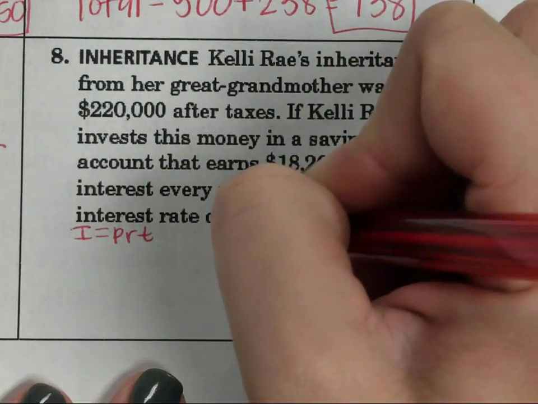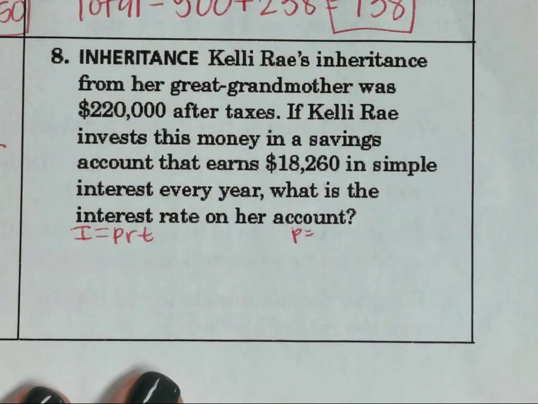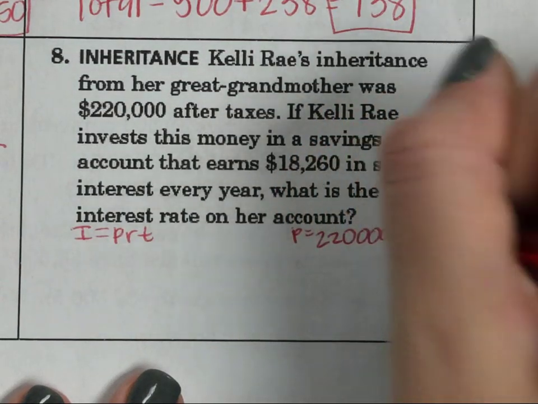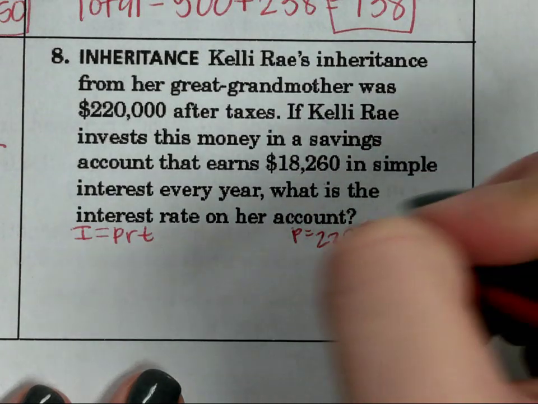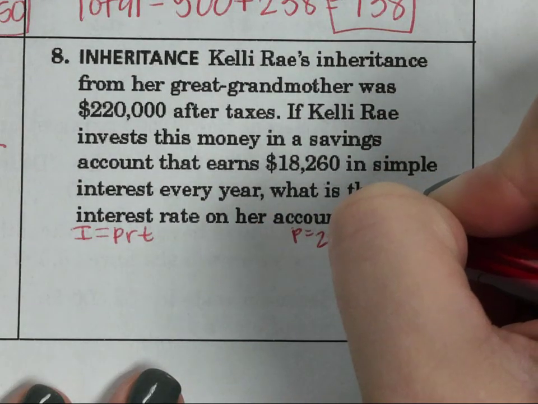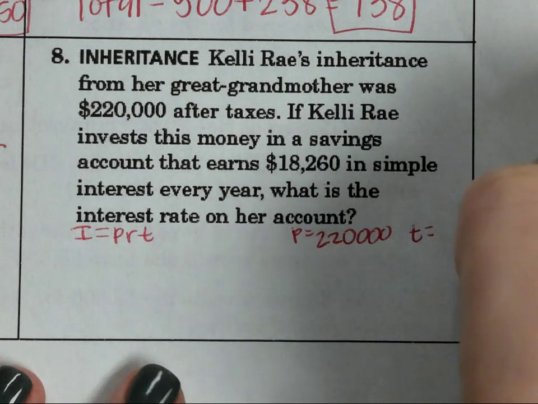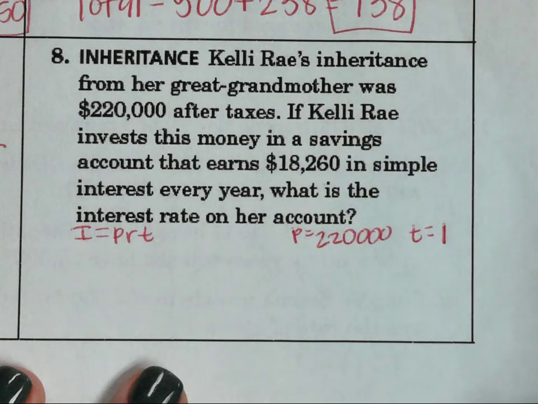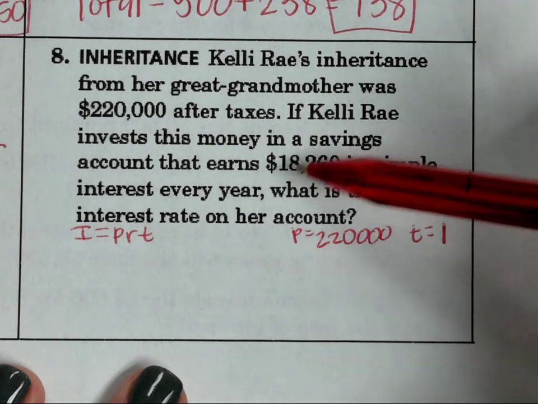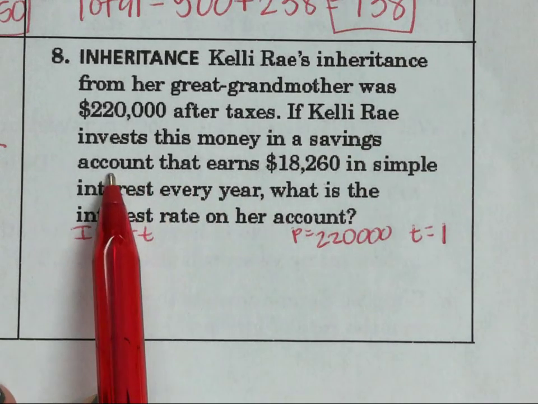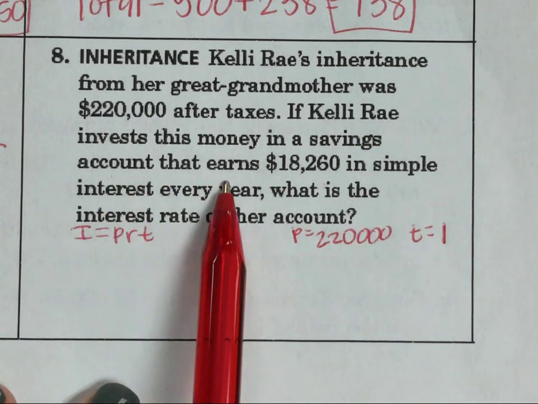So what is my P? 220,000. What is my T? We're looking for every year, so it's just going to be 1. This $18,260, that's how much the savings account earned.